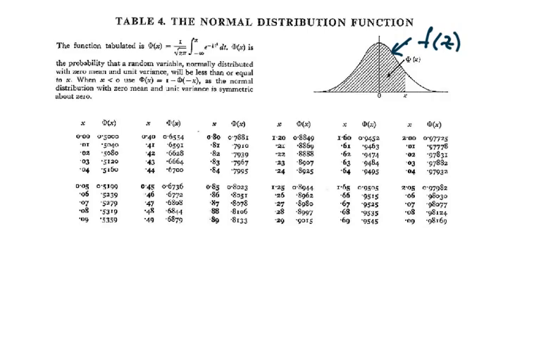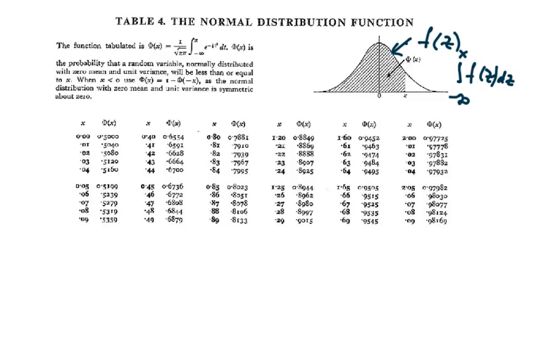So what is tabulated here? Tabulated here is the integral of f of z dz from minus infinity to x. This integral is tabulated, so we can't integrate it analytically, but we can find it numerically, and these numeric values are given here.